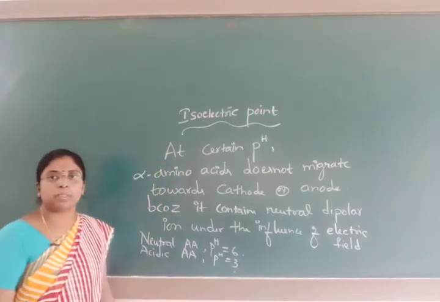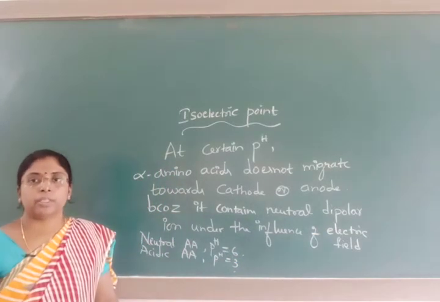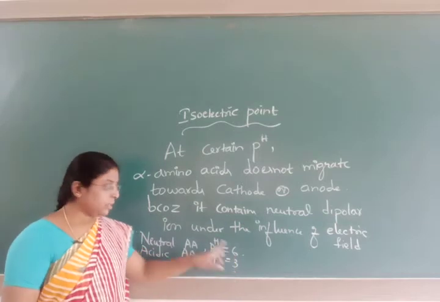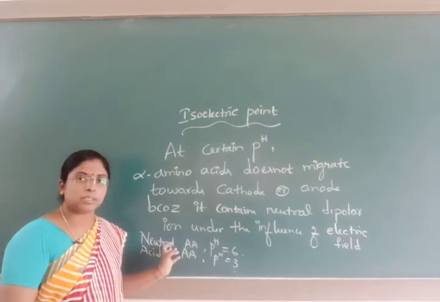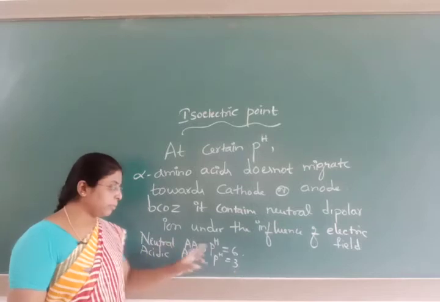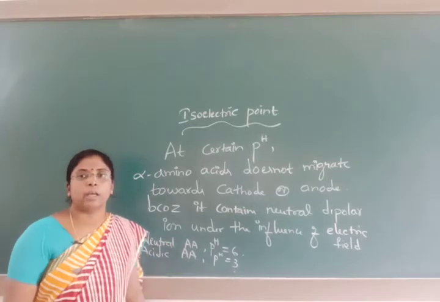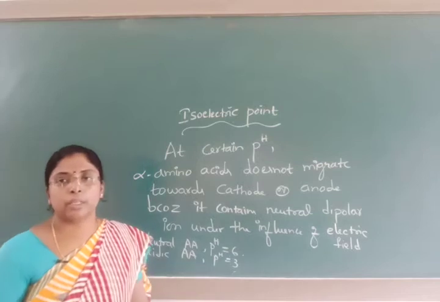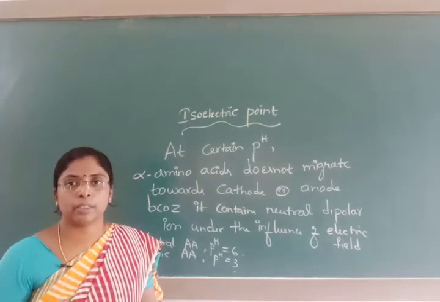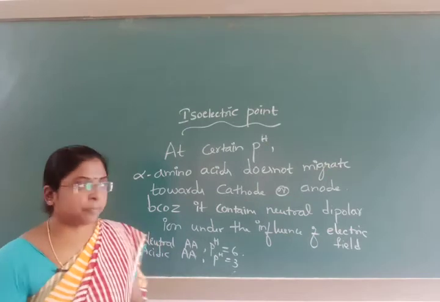For basic amino acid, the pH is 9.7. So at pH 6 is the isoelectric point for neutral amino acids, at pH 3 for acidic amino acids, and for basic amino acids the isoelectric point is pH 9.7.